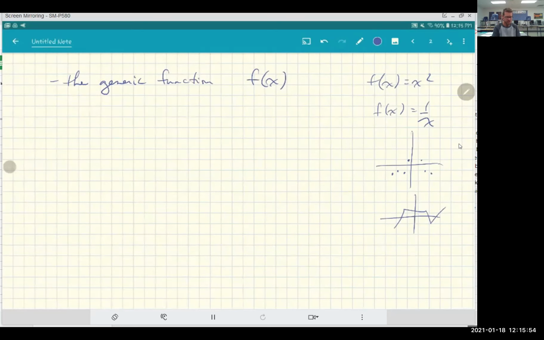So if I have a generic function f at x, then the graph of that function, whether it's the quadratic function or the rational function or some random looking function, is just graphed as y equals f at x. Anytime you see y equals f at x, that's really just saying the graph of the function.